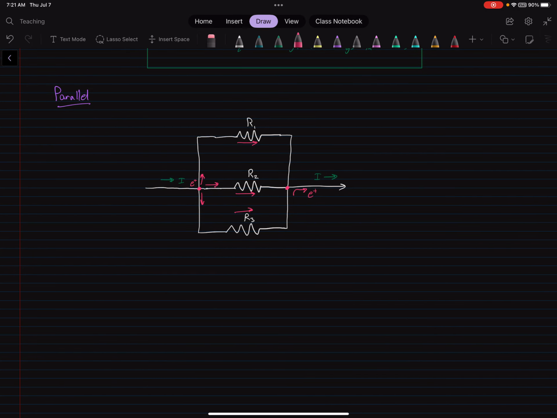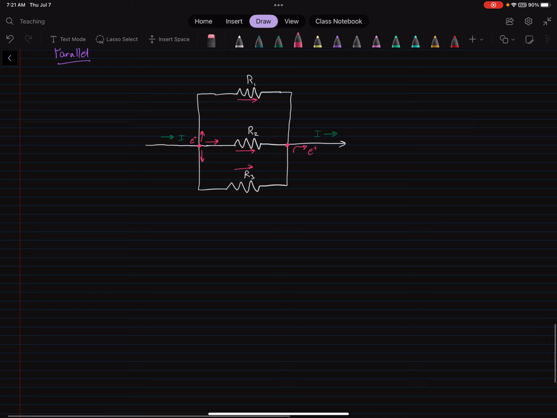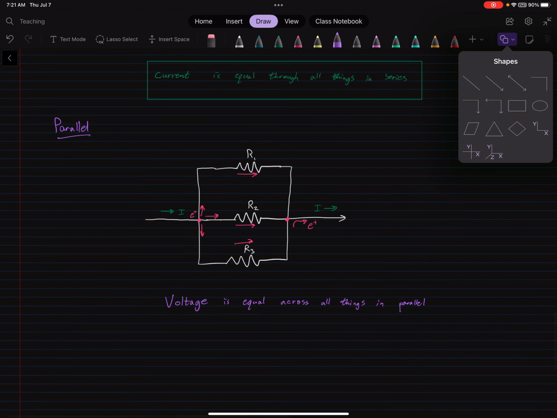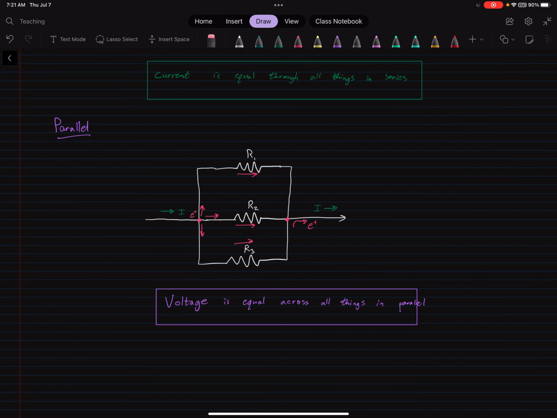For circuit elements connected in parallel, the voltage is equal. So voltage is equal across all things in parallel, right? So that's for things in parallel.